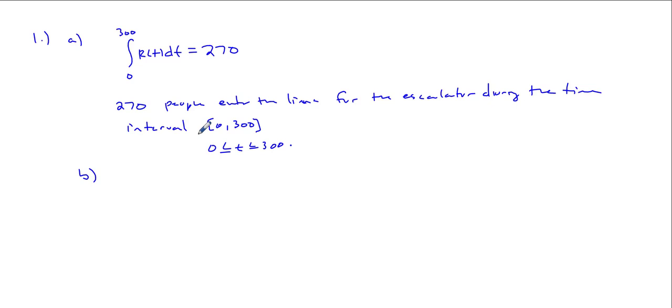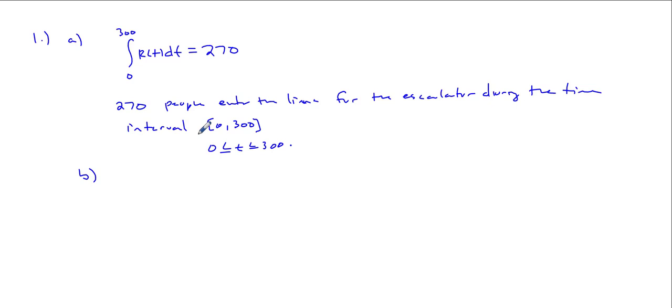Part B. During the time interval 0 to 300, there were always people in line for the escalator. Okay. How many people are in line at t equal 300? Well, how many people are in line at t equal 300? That would be considering initial quantity, the antiderivative of the rate on, antiderivative of the rate off, right?